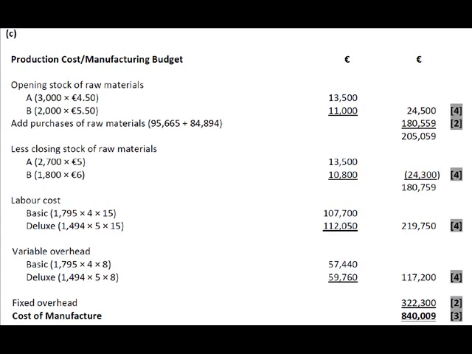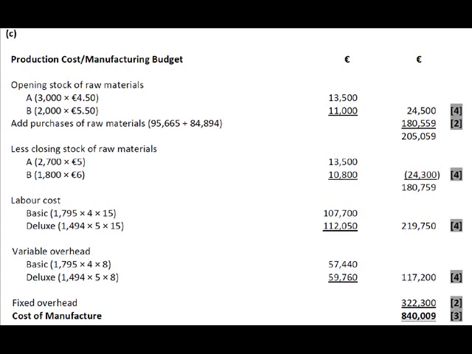So for A, we've gone from 3,000 kilograms to 2,700, and for B, we've gone from 2,000 kilograms down to 1,800. And in each case, we're multiplying by the purchase price during the year, which in the case of material A is €5, and for material B it's €6. The combined closing stock figures then is 24.3.